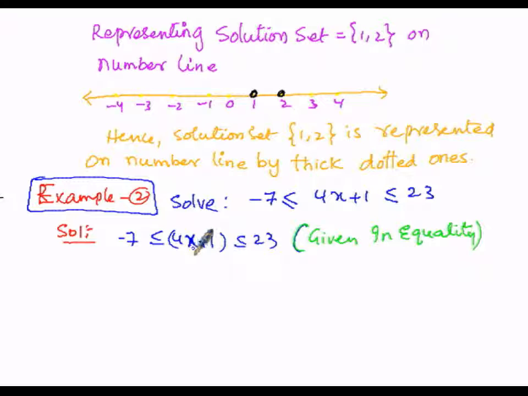Here x is multiplied by 4, its coefficient is 4, and it is added with 1. So, first of all, we have to remove this 1.